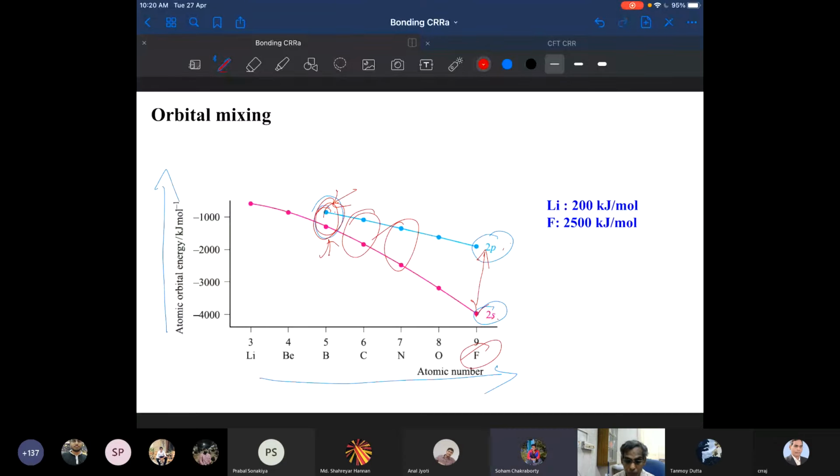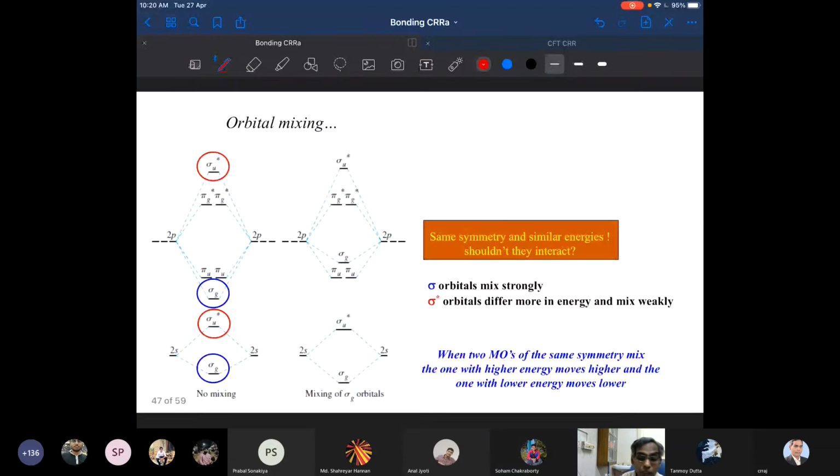So sp mixing will be there. Yes, it's a mixing of your orbitals. The fundamental concept I'm teaching is that the energy gap between your 2s and 2p is too small, so it can undergo mixing, what you call orbital mixing.